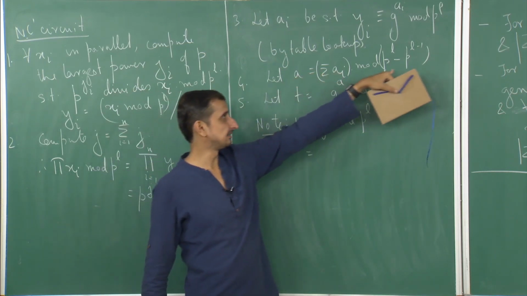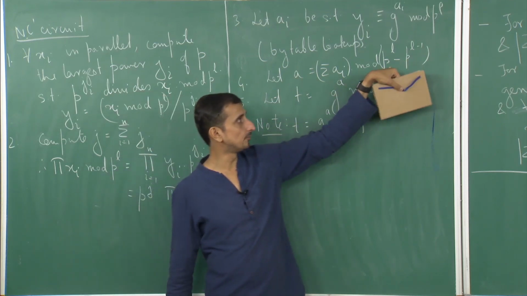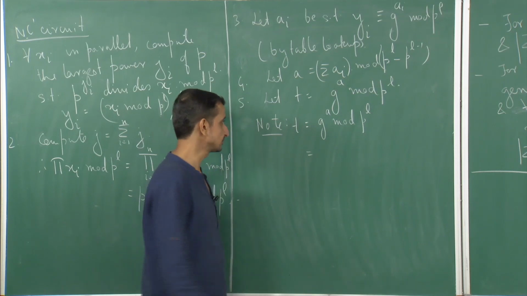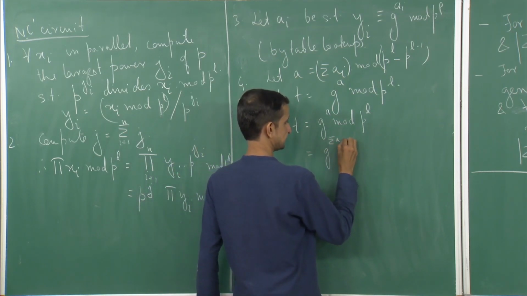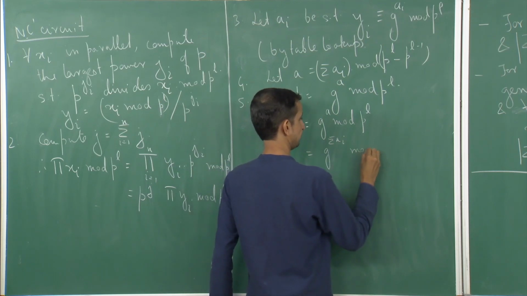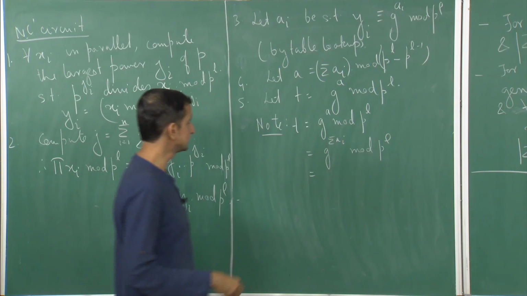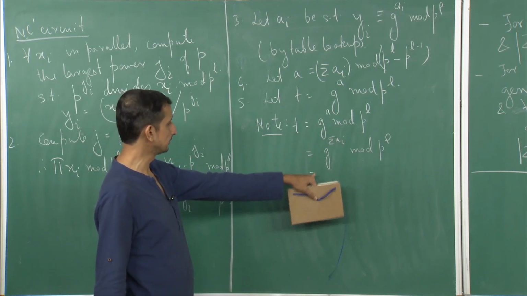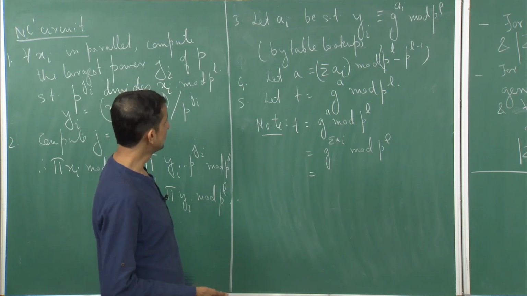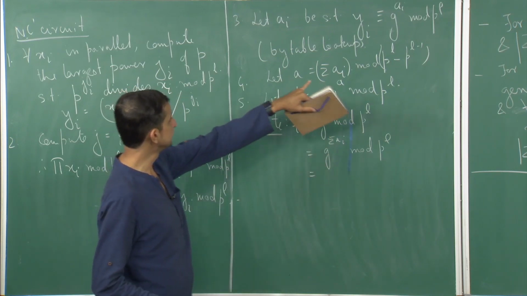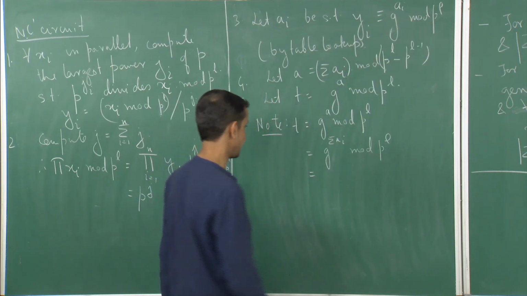Okay, and anyway the group has order p to the power l minus p to the power l minus 1. So therefore I can just write it as g to the power sigma ai mod p to the power l. Now what is g to the power sigma? G to the power sigma is product of g to the power a1, g to the power a2 and so on. So what is g to the power ai? g to the power ai is nothing but yi.